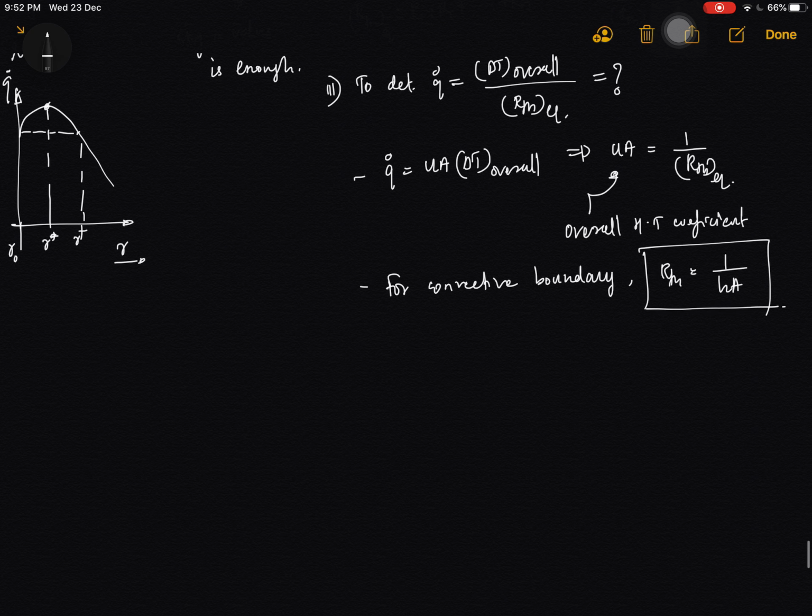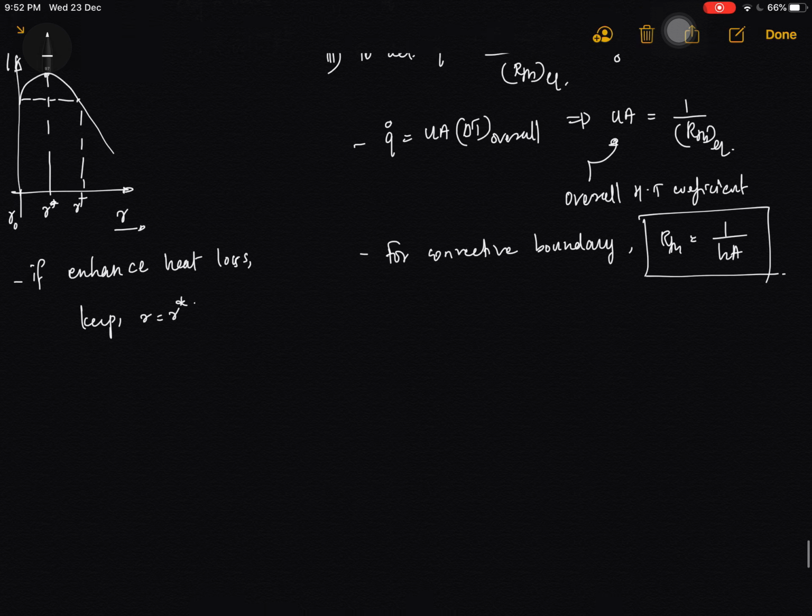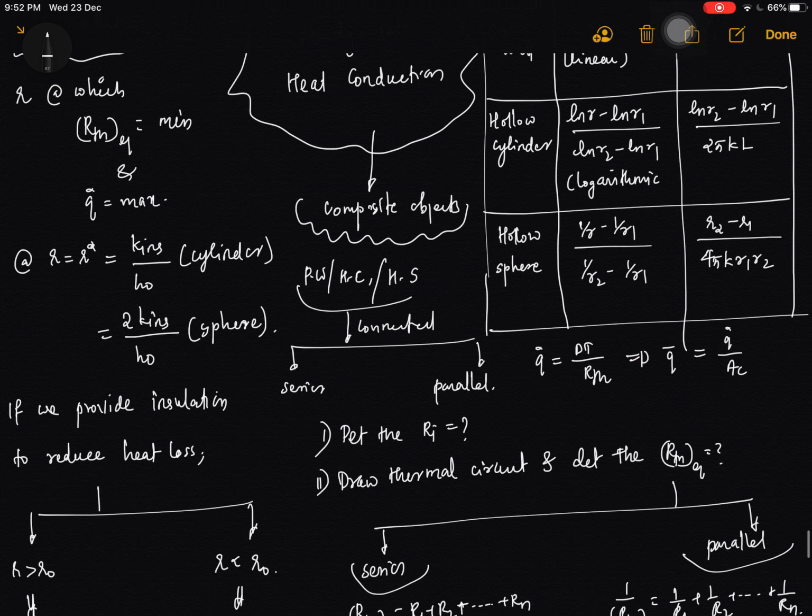Okay, so that's it. And if we want to enhance heat loss, then we have to keep the R value equal to R star. So that's all about steady state heat conduction.